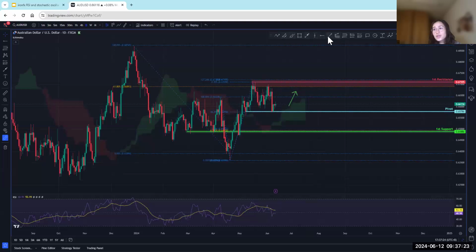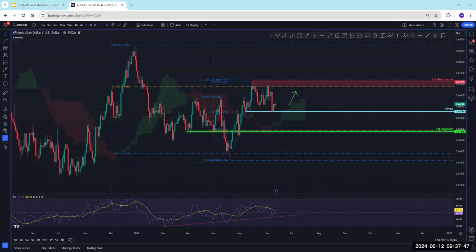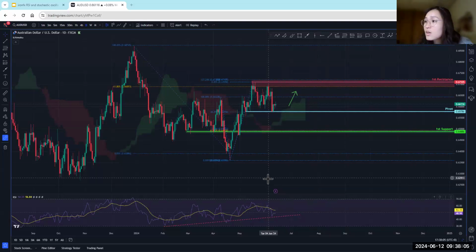Okay, on our RSI, we have price moving in this uptrend. Sorry about that. Okay, so where were we?